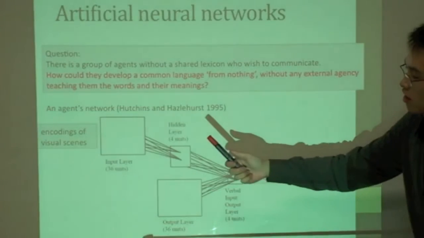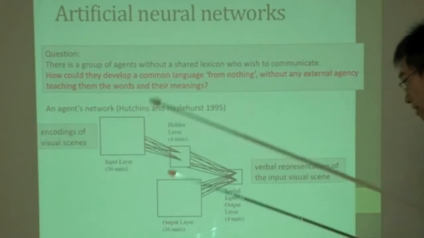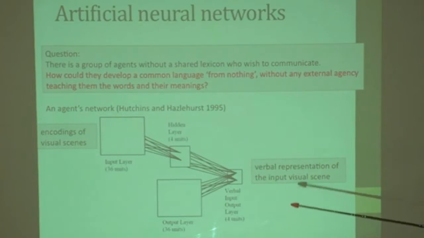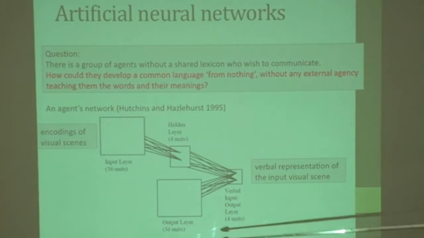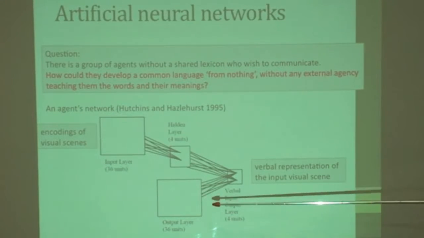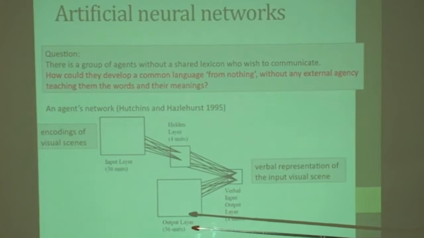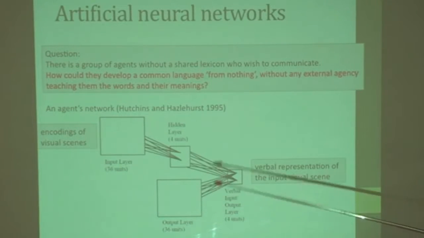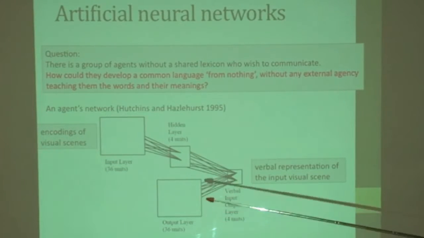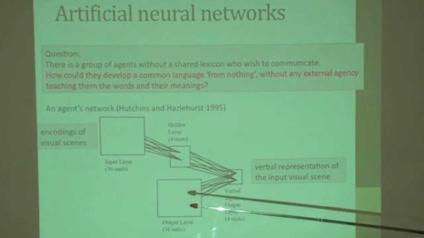That means encoding of the visual scenes. And the output layer is designed to generate the word to communicate with other agents.